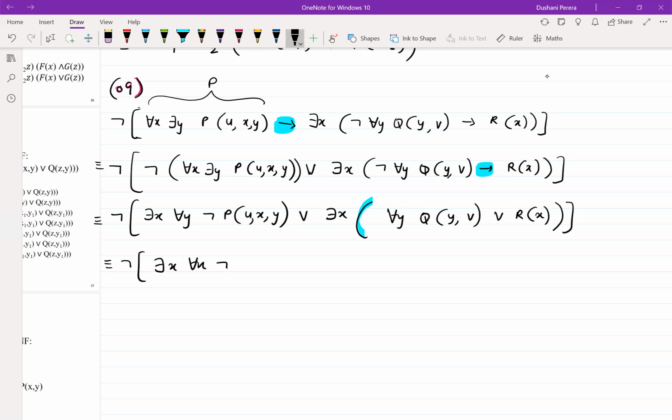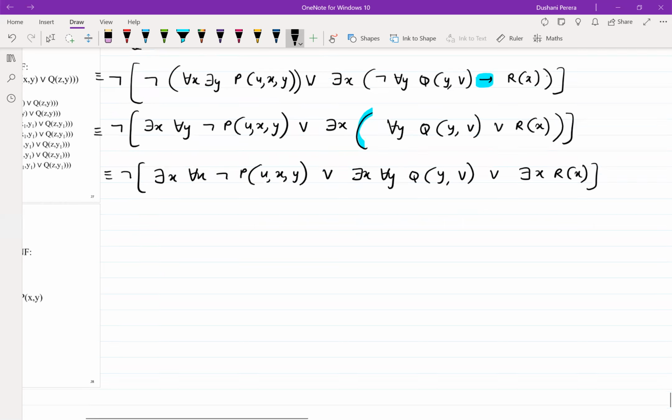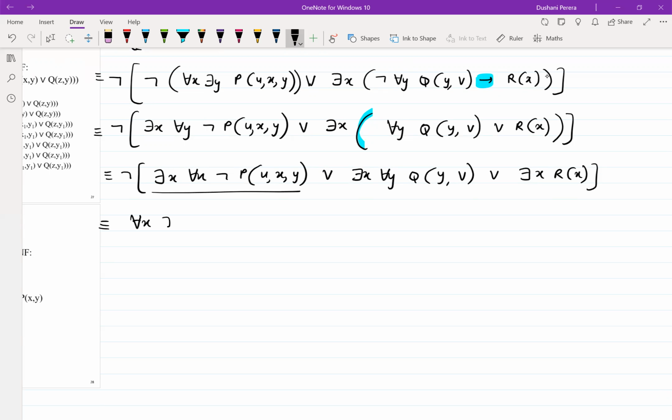I have this, and I have this. Now let's take this big negation inside the clauses. When I take this negation inside the first clause, what do I get? Take the negation to everybody.